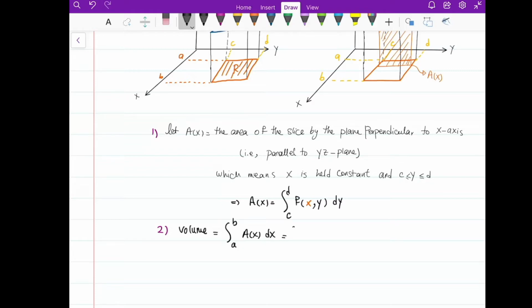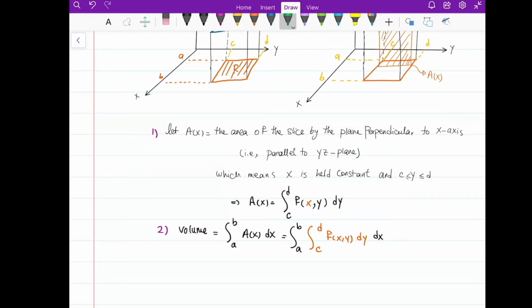And let me just replace A(x) with what we have in here. So I'm going to write the integral from a to b, and then for A(x) it would be the integral from c to d of f(x, y) dy. That was A(x), and then dx.